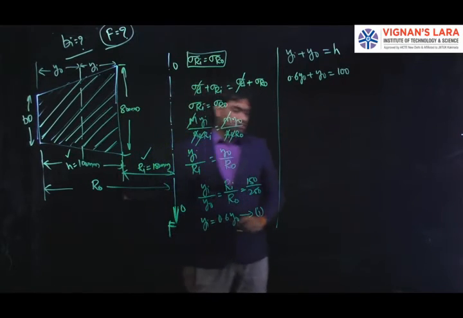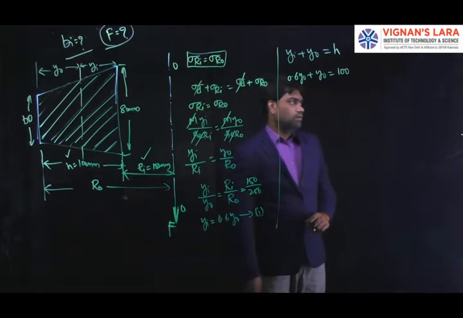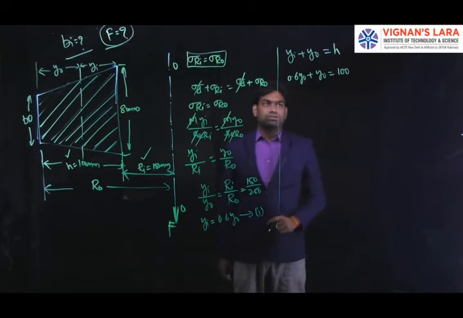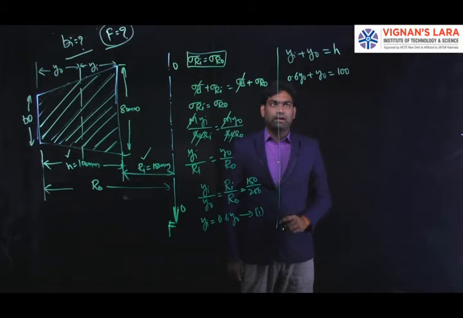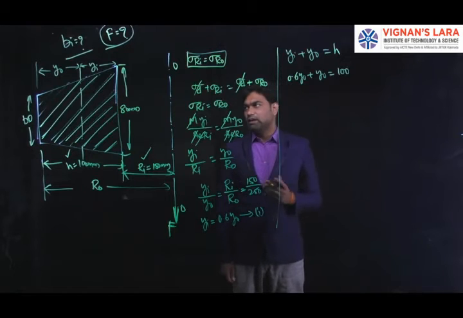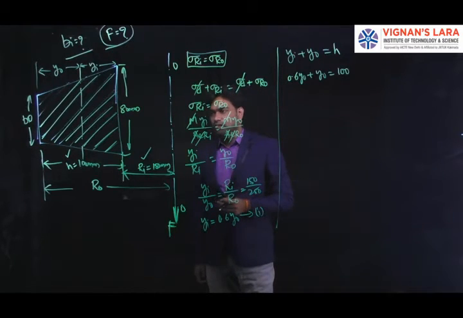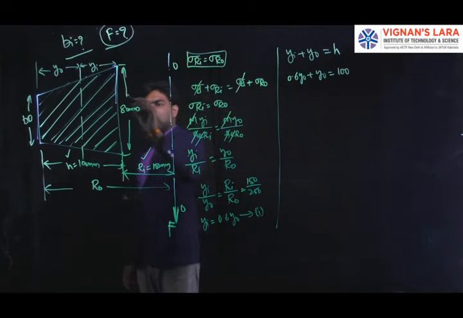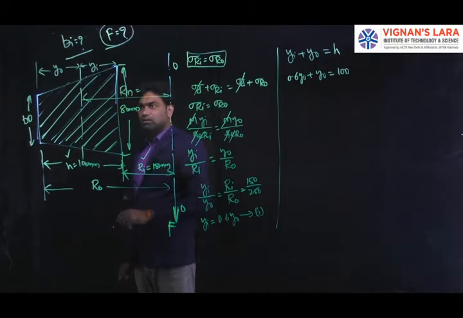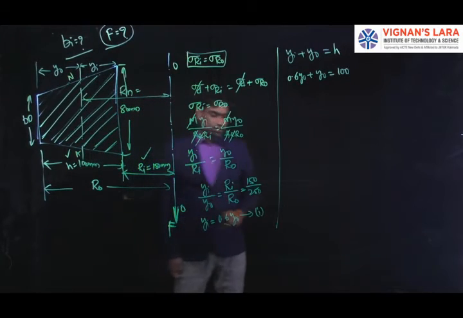What is the necessity to find yi and y naught here? We need to find the values of yi and y naught because if you know them, we can get the value of Rn. If you are able to locate yi and y naught, we can locate the neutral axis, that is Rn.